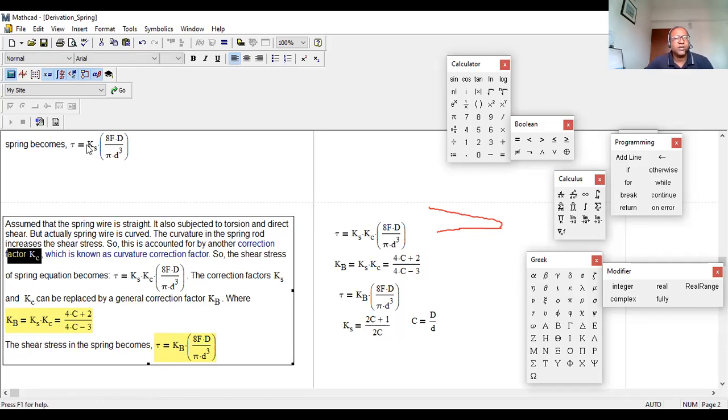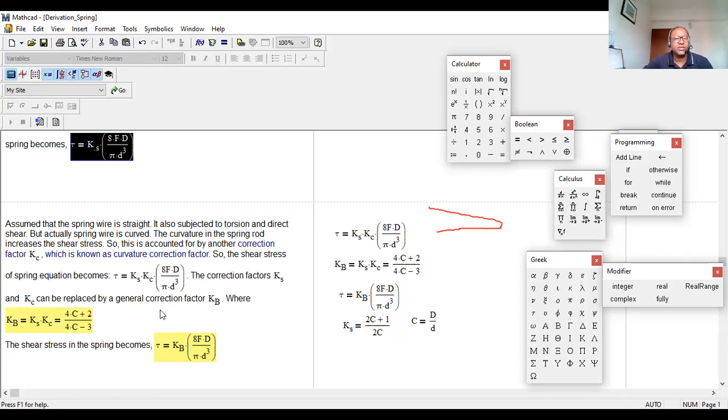So this formula from the derivation is multiplied by the Kc.